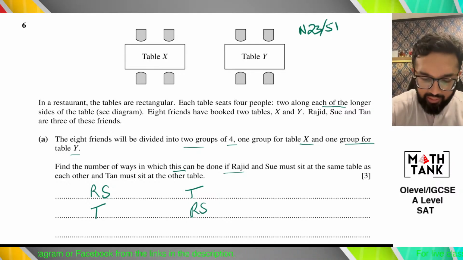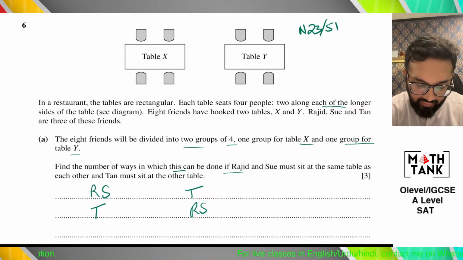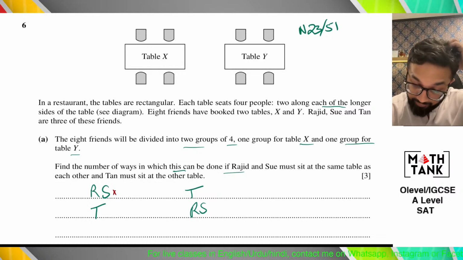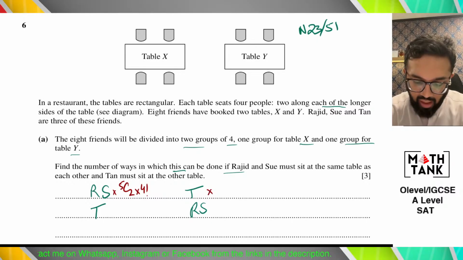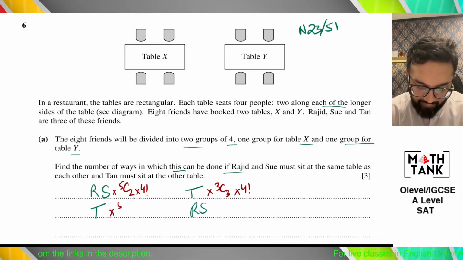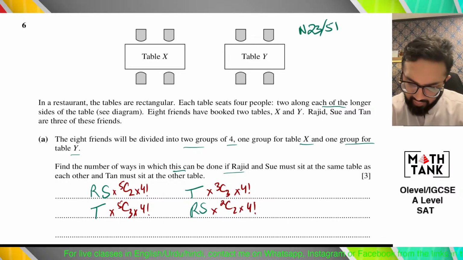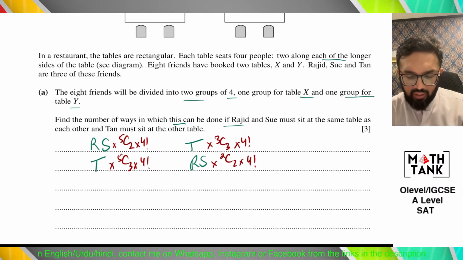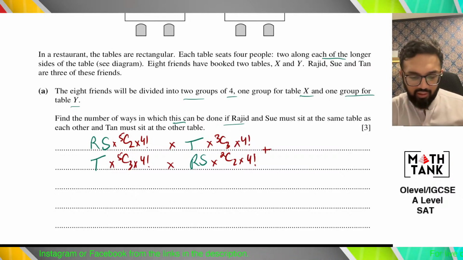Okay, how do we handle that? हमारे पास लोग और कितने हैं? 8 फ्रेंड्स हैं. सही है, तो 8 में से 3 चले गए. कितने लोग बचे? 5 लोग बचे. तो इसमें दो और की जगह है, और वो अपने आप को राजद और सू के साथ अरेंज कर सकते हैं. यहाँ के लिए 3 लोग बचे और वो टैन के साथ अपने आप को अरेंज कर सकते हैं. फिर इसी तरह यहाँ पे 5C3 आ गए, और वो लोग आपस में अरेंज कर सकते हैं.